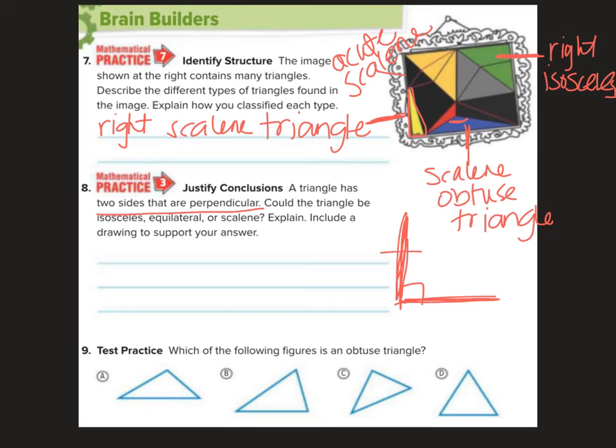If I made these two the same, and I cut it there, this would be isosceles. What if I did a right angle and made this one extra long, let's say, there. This one would be a scalene.